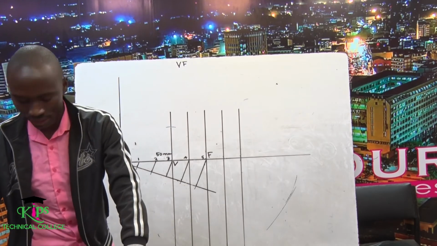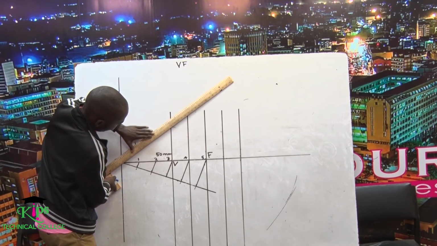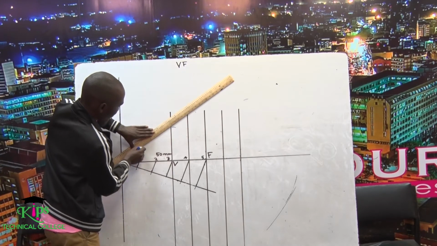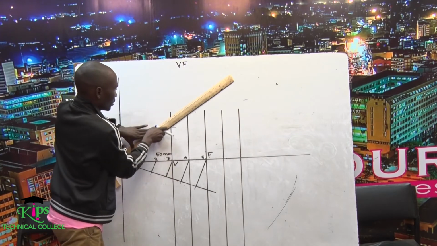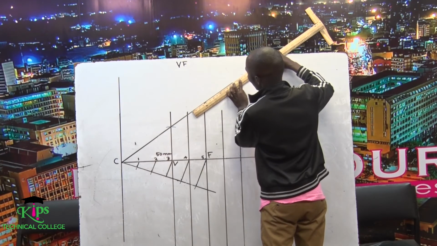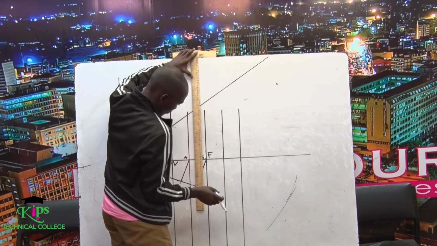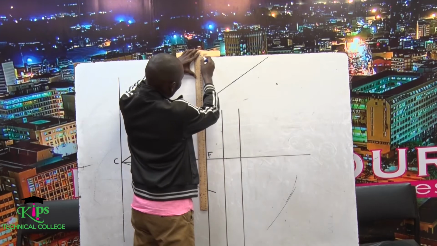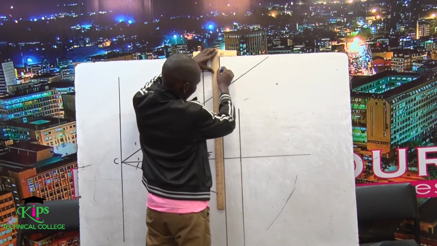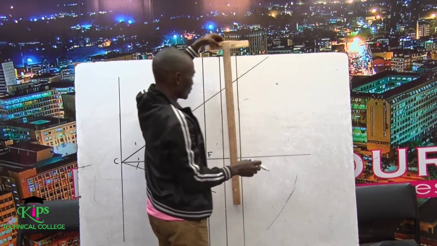Then now with the end of my ruler, I should draw a line like this. So it is like that.